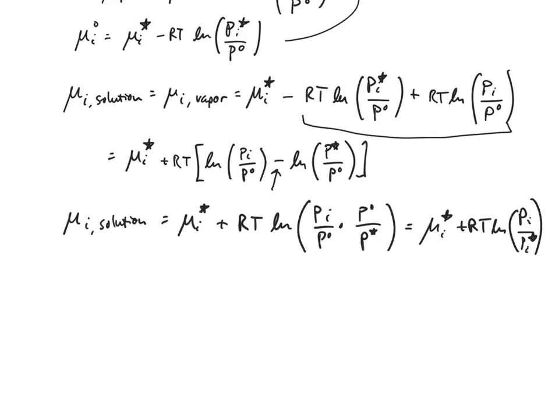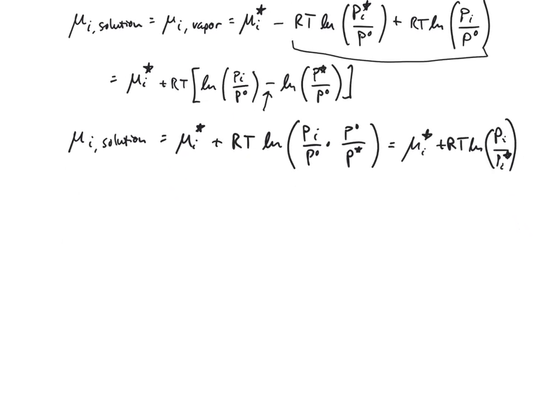Okay? So now we can use Raoult's law, which remember is just that the partial pressure of component I in the mixture is the mole fraction times what the vapor pressure of the pure substance would be. And that's just equivalent to saying that the partial pressure in the mixture over the vapor pressure of the pure substance equals that mole fraction.